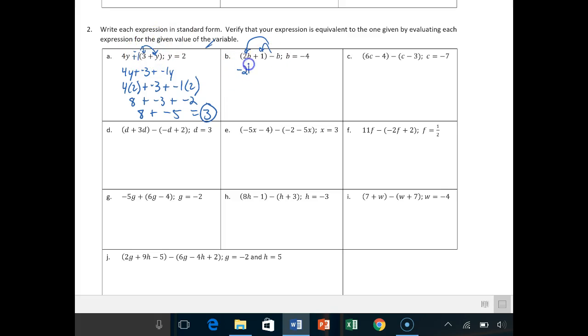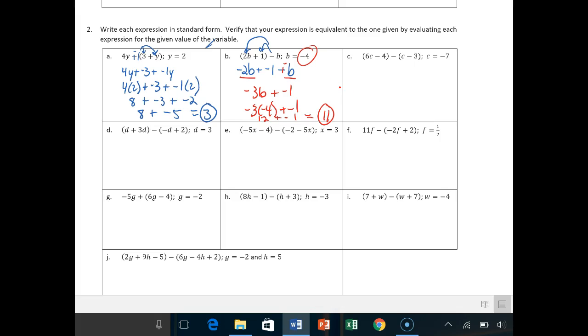So we get a negative 2b plus a negative 1 and minus b, right? This becomes plus and negative, right? So negative 2b and negative b is negative 3b plus negative 1, and then we plug in negative 4 for b. So negative 3 parentheses negative 4 plus negative 1. This gives me a positive 12 plus negative 1, which is 11. Super complicated, going back and forth, right?